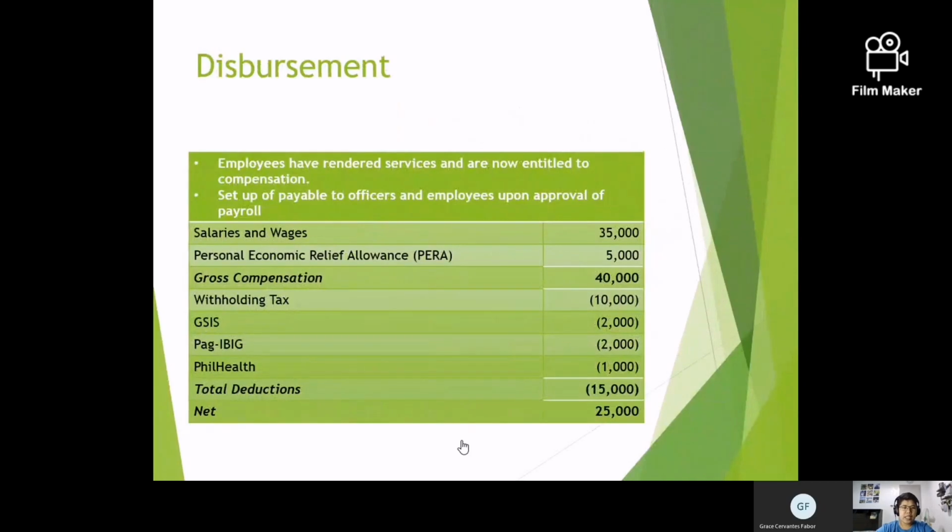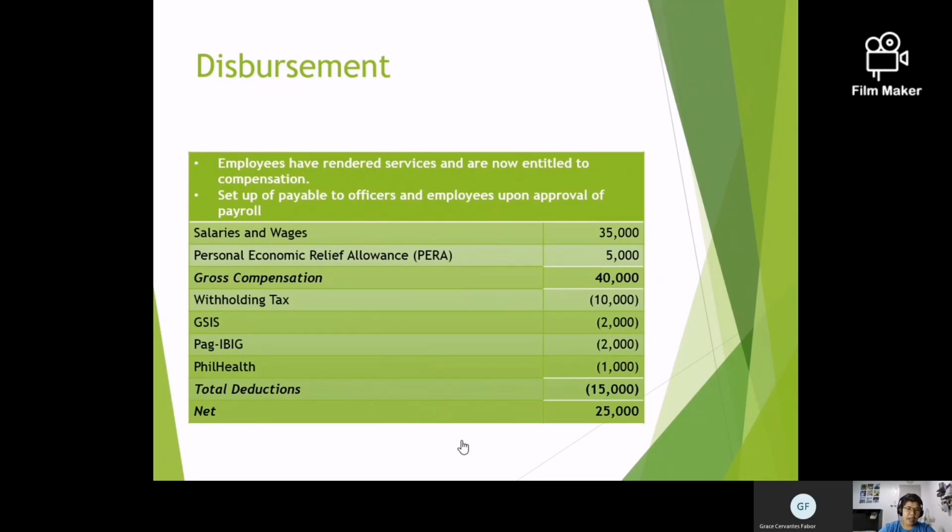So, we have disbursement. In this example is employee have rendered services and now entitled to compensation. So, nagtrabaho na sila, so magsasweldo na tayo. It is how to set up payable to officers and employee upon approval of payroll. So, kunyari ito yung naging payroll.